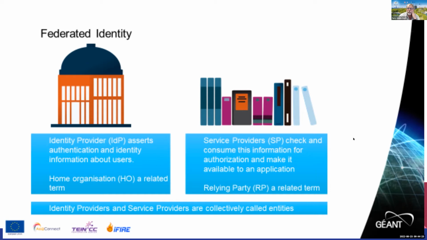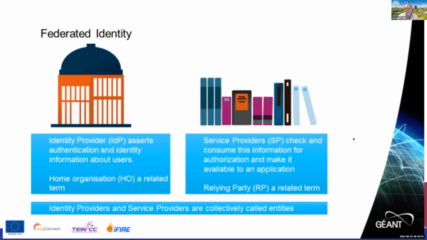Separate to that are the service providers. The service providers consume the information from an authorization and make it available to the application. So the service provider hands off the identity proofing to the identity provider, and then will do some authorization based on the information provided back by that identity provider.